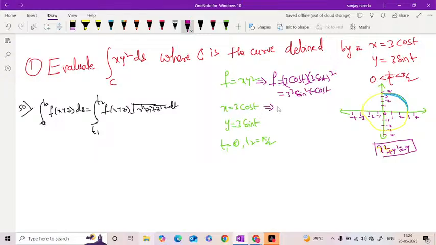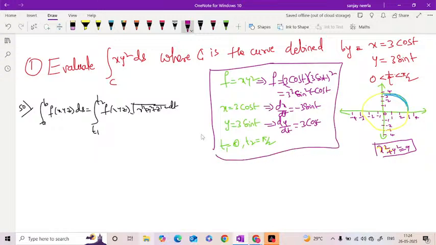And come to dx by dt. What is the dx by dt here? Minus 3 sin t only. And dy by dt is 3 cos t. Now substitute all in the given formula. Here we will get the integral 0 to pi by 2. What is the function f? Function f is 3 power 3 sin square t into cos t and under root of, here we have only two variables, there is no z.